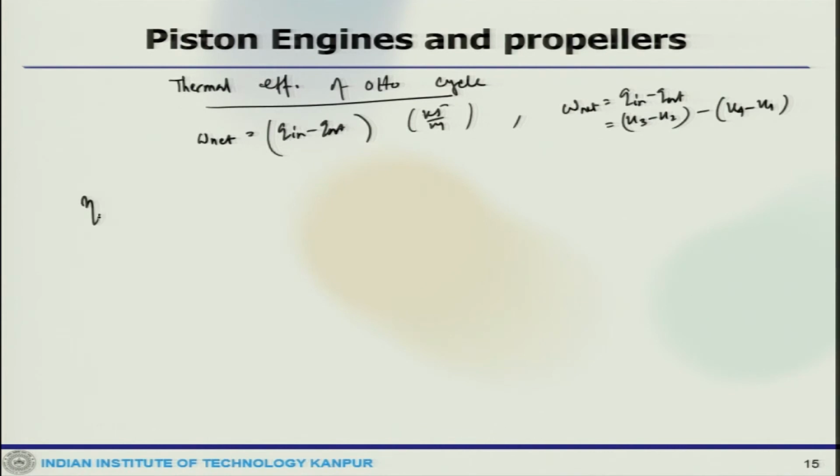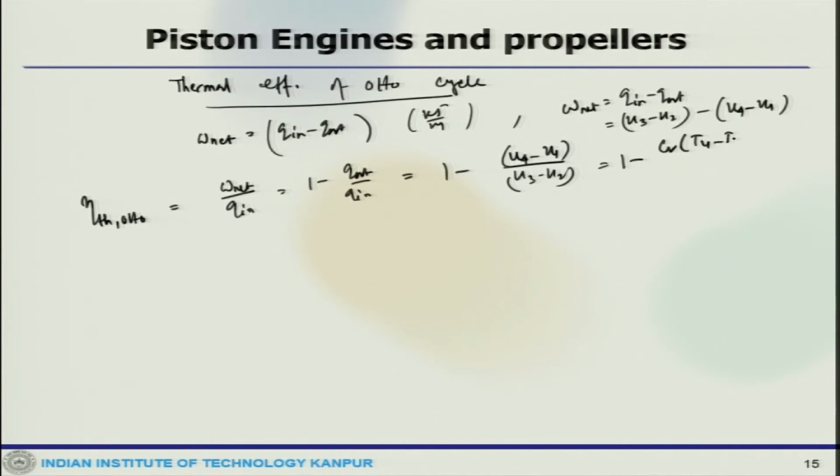So the thermal efficiency of the Otto cycle is defined as W net by Q in, which is 1 minus Q out by Q in, which is 1 minus (U4 minus U1) by (U3 minus U2), which is 1 minus Cv (T4 minus T1) by (T3 minus T2).